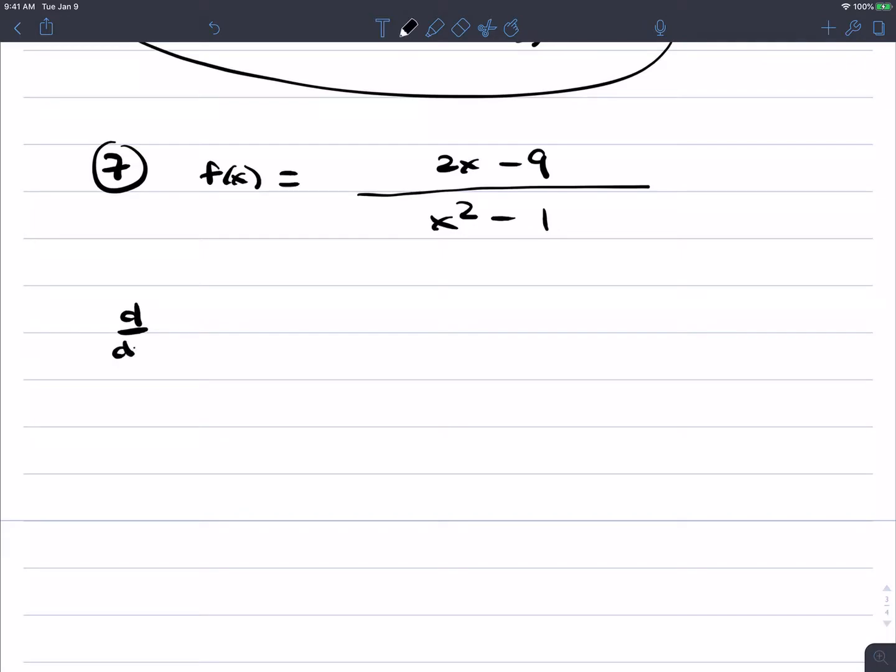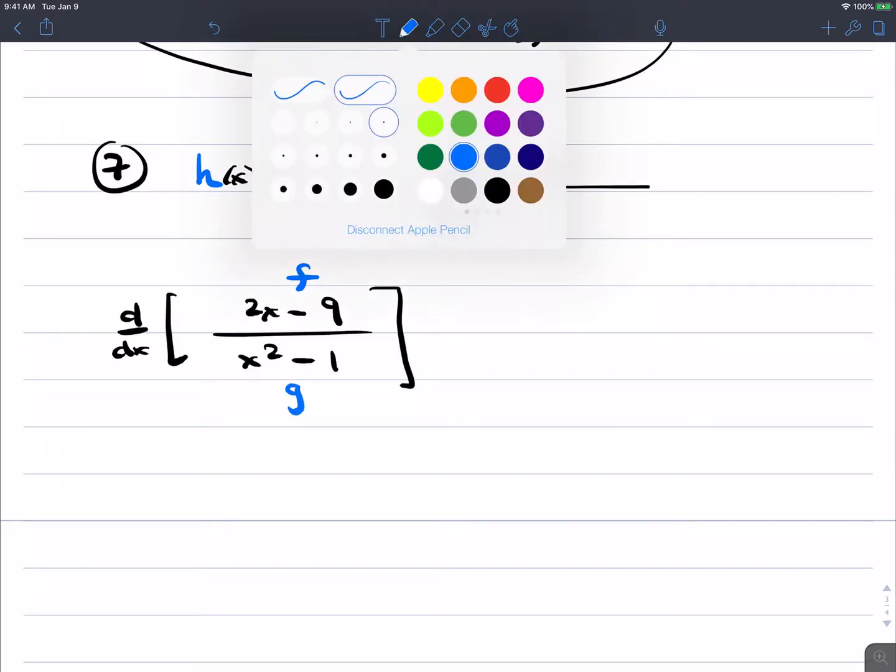In operator notation, d/dx of 2x minus 9 over x squared minus 1. Here we have f, we have g. Erase this. You have h, because this is a different f function, as we've seen in class and as we've seen in the other videos and worksheets.